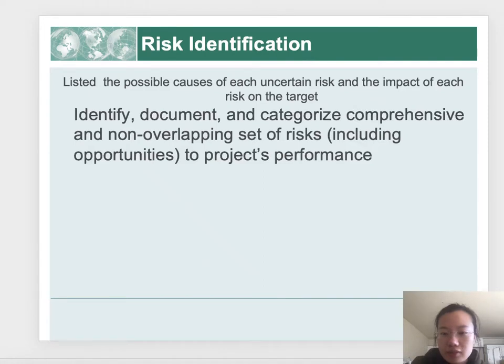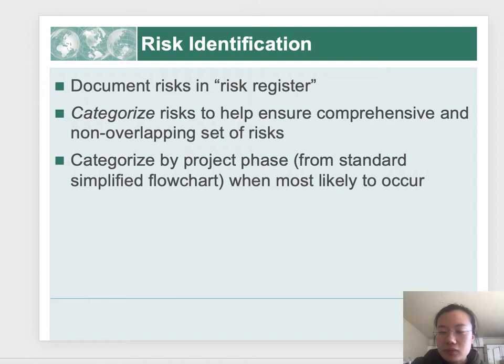We list the possible cause of each uncertain risk and the impact of each risk on the target. Identify, document, and categorize a comprehensive and non-overlapping set of risks to the project's performance. We document risks in the risk register, categorizing risks to help ensure comprehensive and non-overlapping sets of risks.